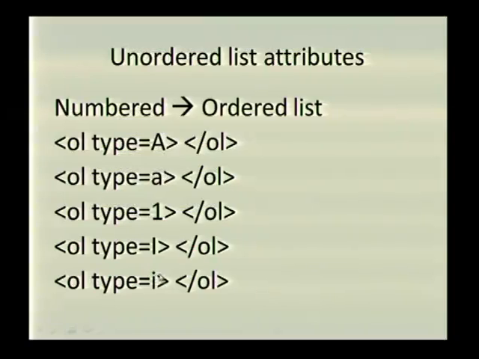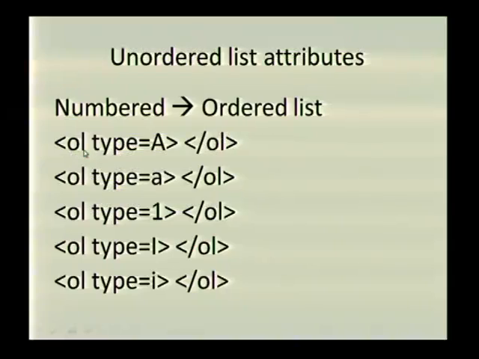And then your lowercase i will also insert Roman numerals, but now it will be lowercase. Okay, note how this is in the opening tag of your ordered list, and the same with the unordered list. You add these attributes in the opening tag, and then you'll have your list items in between the opening and the closing tags.